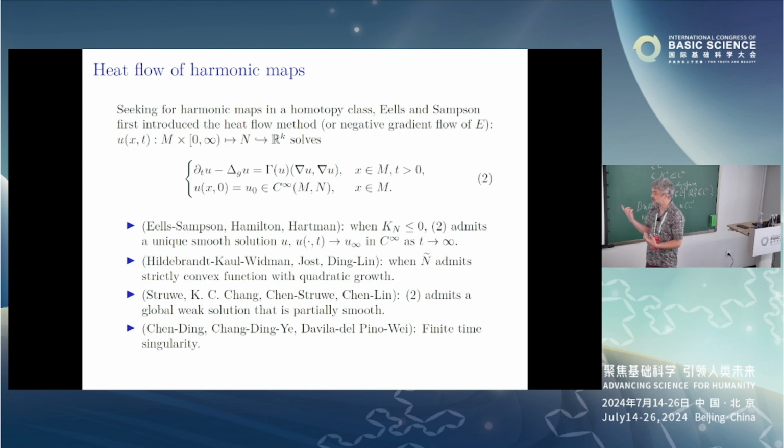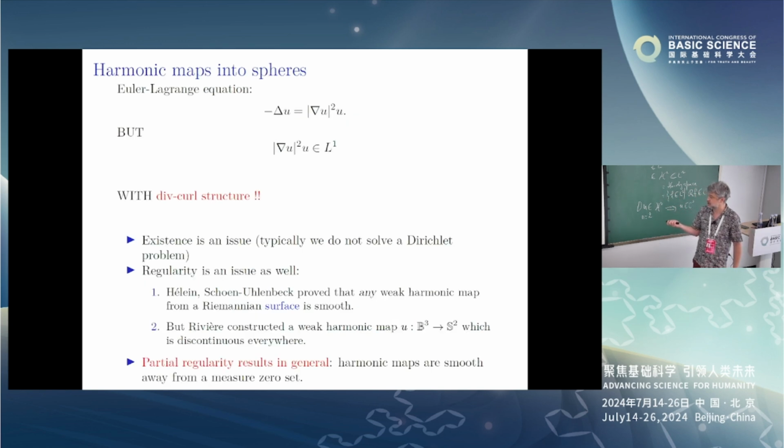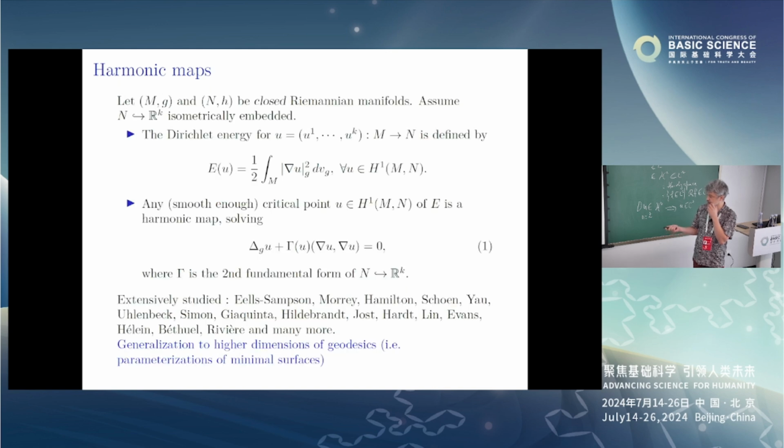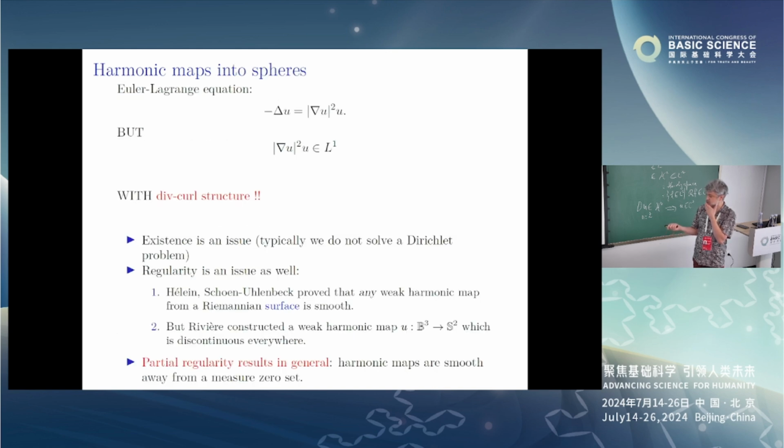This is a strange feature of the flow. As you remember, I said before that by the result of Hélein, any weak solution of the stationary equation from a surface, a two-dimensional manifold, into a smooth one is smooth.